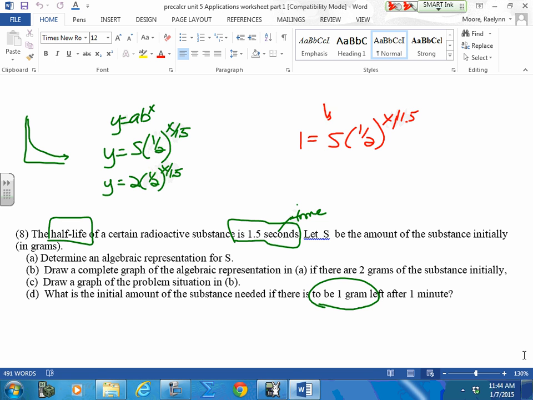You have your X. So what other piece of information did they give us? After 1 minute. But I got a problem because my time is in seconds. I can't put 1 in my X. 60. So I can put 60 in here.